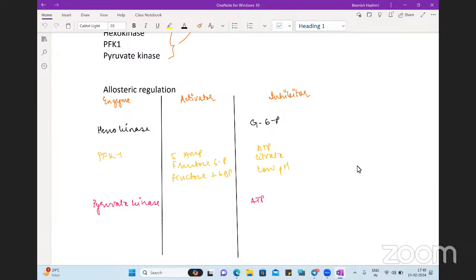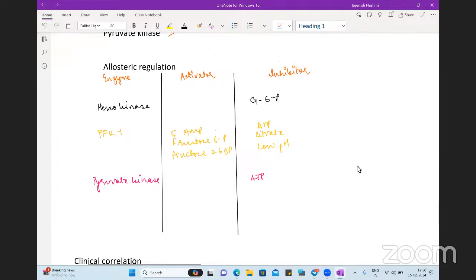Also, citrate and low pH inhibit phosphofructokinase 1. An activator of phosphofructokinase 1 is AMP. AMP is a signal of low energy in the cell. Fructose 6-phosphate and fructose 2,6-bisphosphate are also activators. Fructose 2,6-bisphosphate is one of the most potent activators of phosphofructokinase 1.